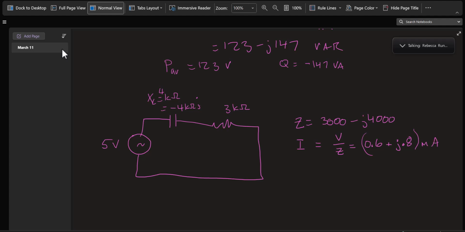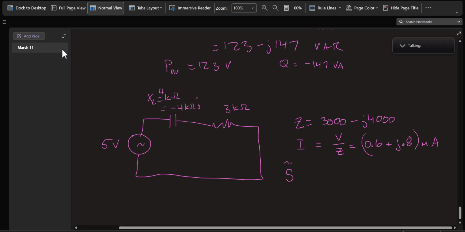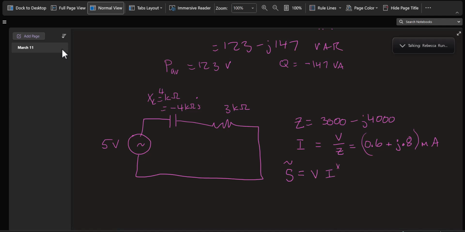Just if you do 5 divided by 3,000 minus J 4,000 and convert it all. So then our complex power is going to be V I conjugate.